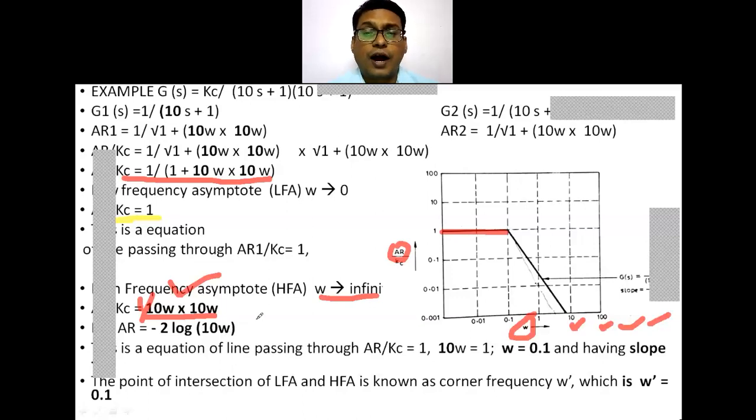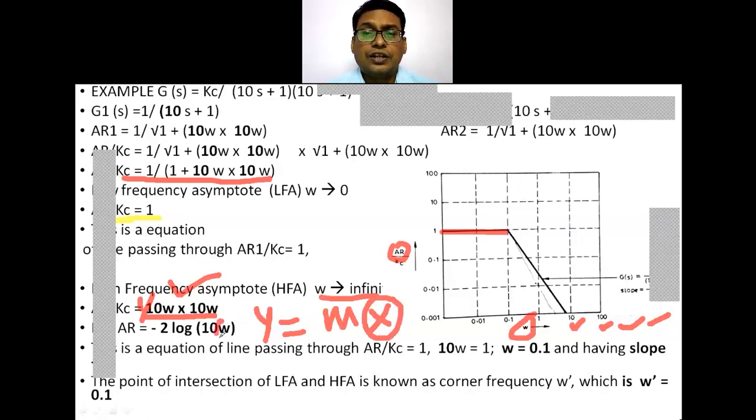Now it's y is equal to mx plus c. Here x is the frequency omega, and y is the amplitude ratio.